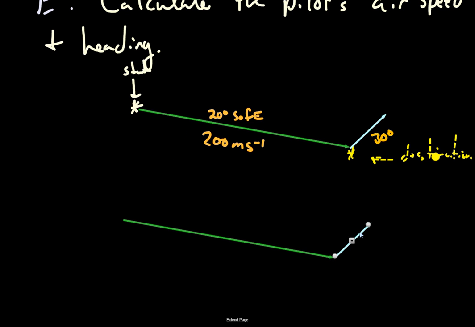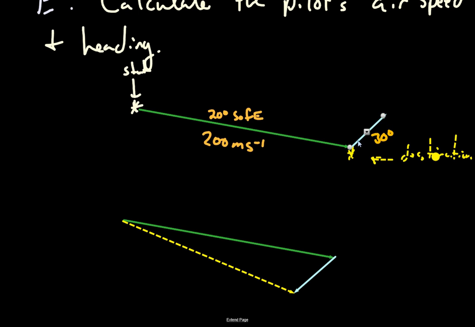In order to correct for this, we're going to need to account for the fact that the wind is really, in real life, blowing up and to the right. So we're going to have to aim our plane down here. So our plane's going to aim down there. That's the heading that we're going to have to actually take here. So when you think about it, what's going on is going to be this.